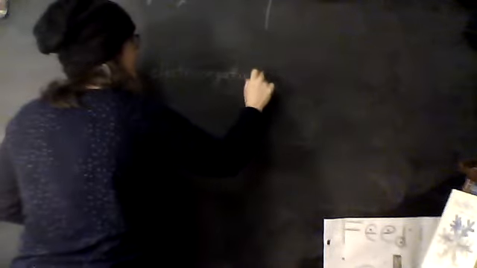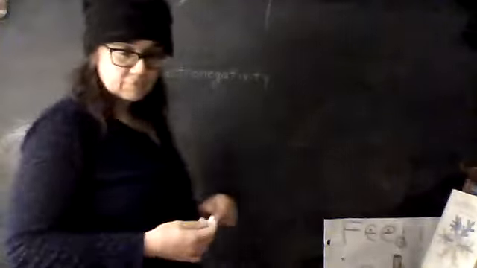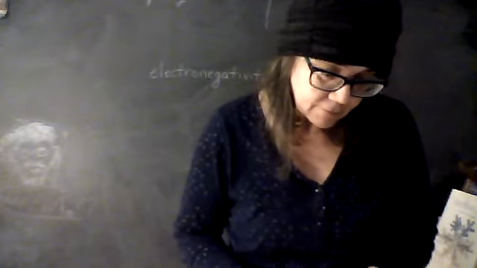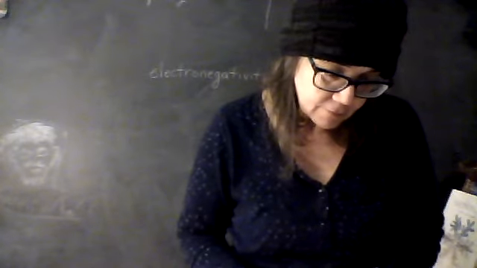A purely covalent bond is a covalent bond in which the electrons are shared equally between the atoms involved. A polar bond is a covalent bond in which the electrons are shared unequally between the atoms involved.